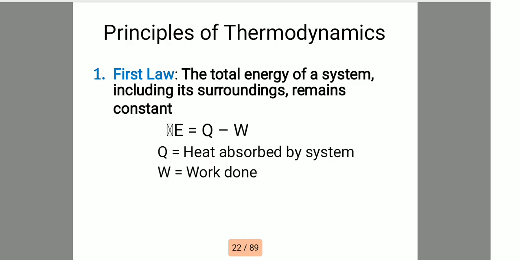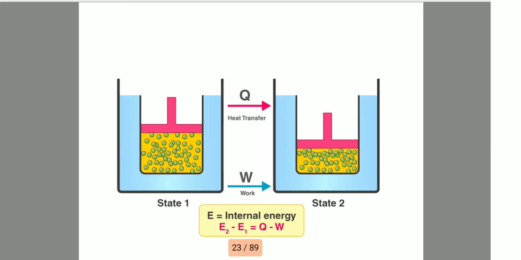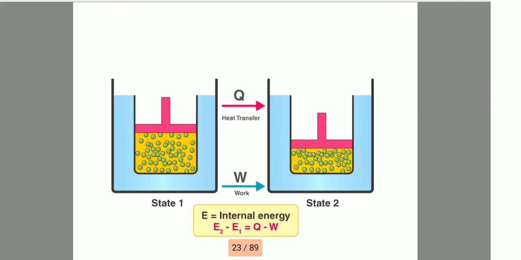A system is an object or quantity of matter chosen for observation. All other parts of the universe outside the boundary of the system are called surroundings. The second law of thermodynamics.